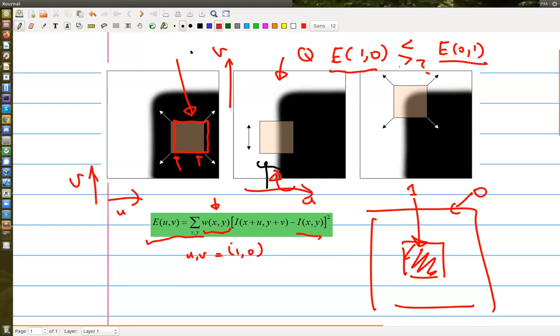Yes, actually it's converging to the correct answer now.